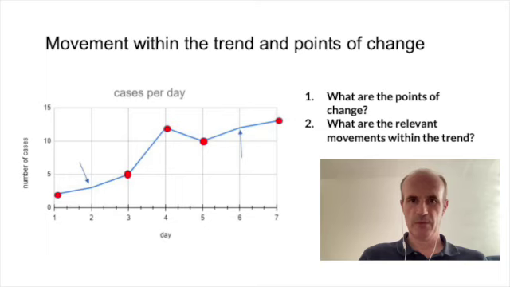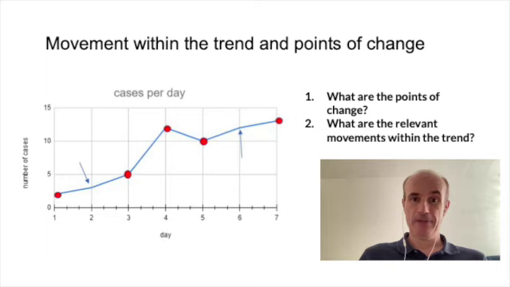So everywhere where the line changes direction, I have a point of change, and I made them red here. These are the points that I will mention in my description, as well as the space between the red dots. So this part I would mention, the second part, of course, also the third and the fourth part.